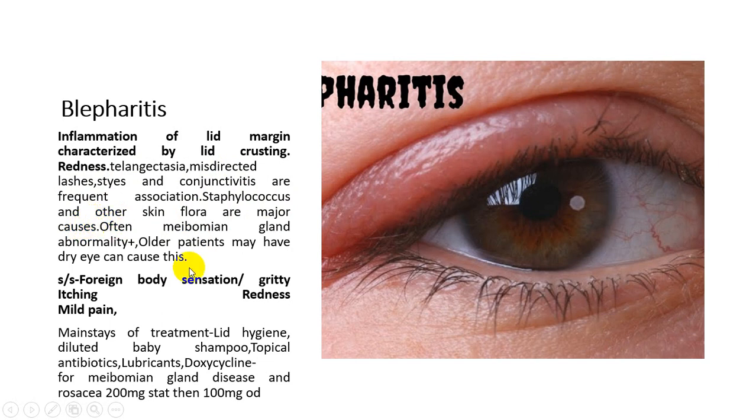Often Meibomian gland abnormalities are there. Signs and symptoms: foreign body sensation, gritty itching, redness, mild pain. Treatment is lid hygiene, diluted baby shampoo, topical antibiotics, lubricants, and doxycycline for Meibomian gland disease and rosacea, 200 mg stat and 100 mg OD, like this.